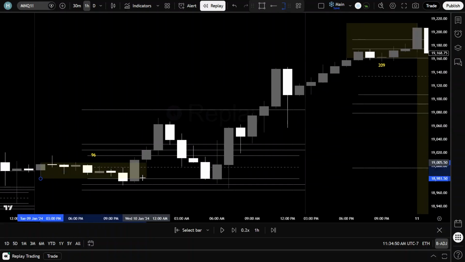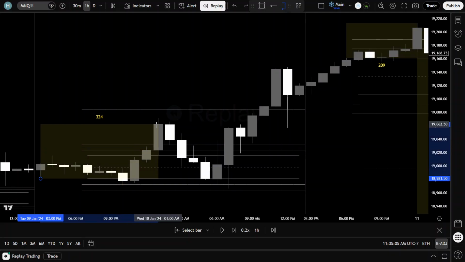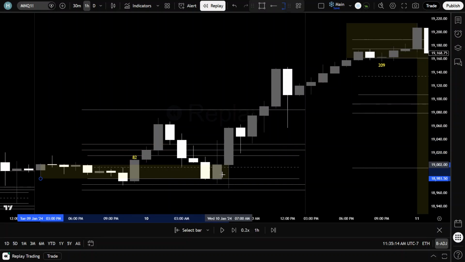Here we tap the 0M, tap that 4-hour low, max risk of 40 ticks, and then a high of 362 ticks. That's a good 1R for the day.